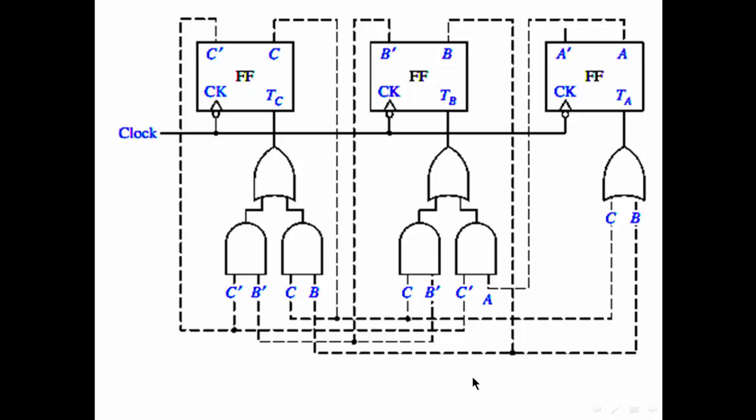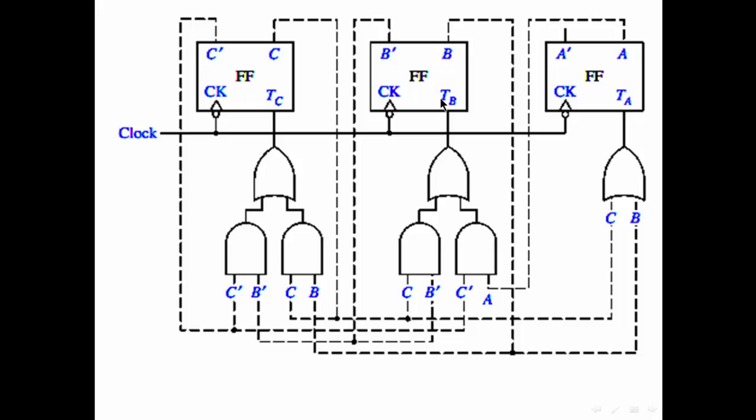This circuit diagram is obtained from the equations that we derived from the previous steps. We can see that we have three T flip-flops, C, B, and A. This input represents the clock. We considered synchronous operation in our design.